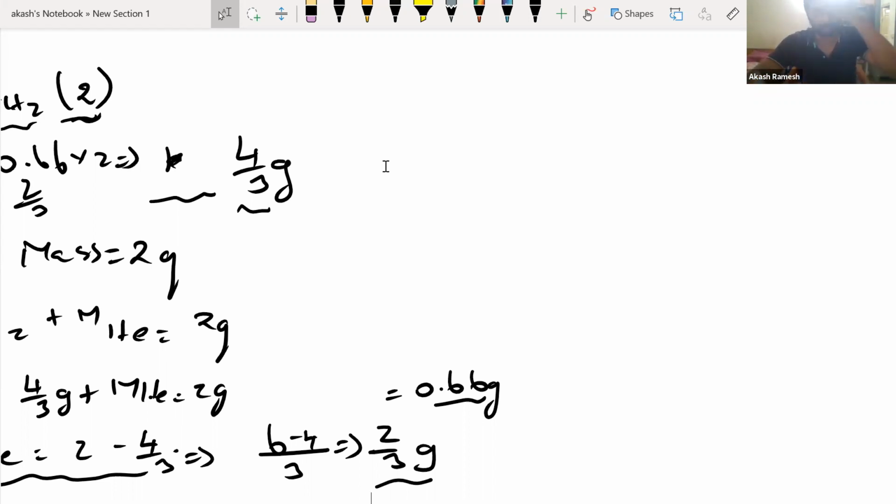26.5 grams of Na2CO3 is dissolved in enough water to make a 250 ml solution.